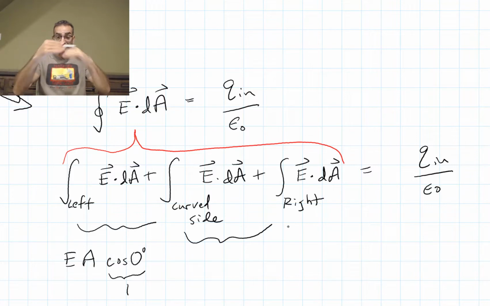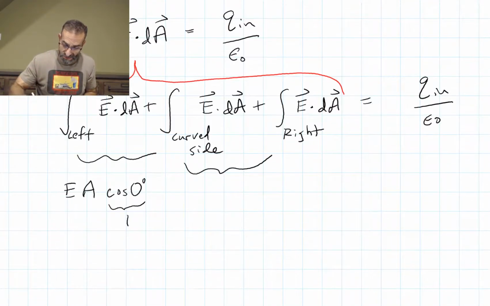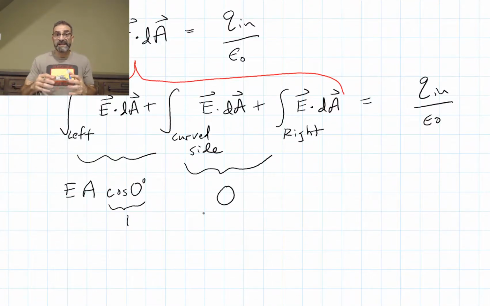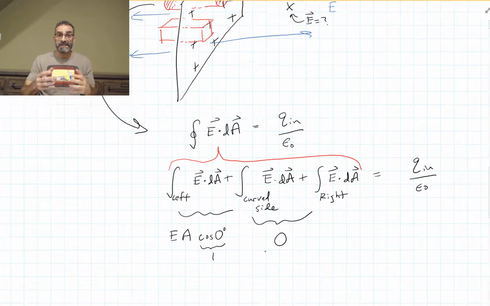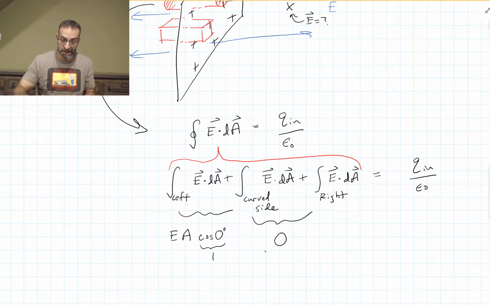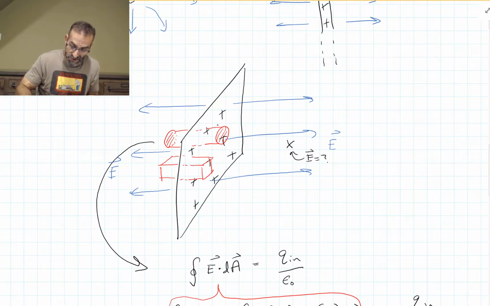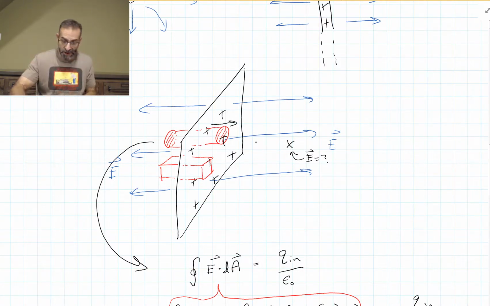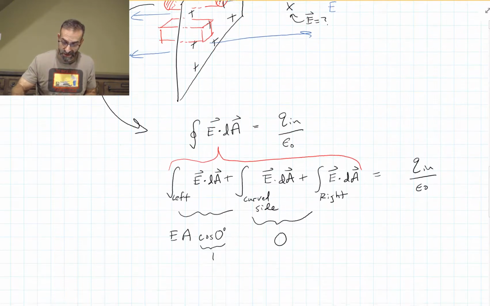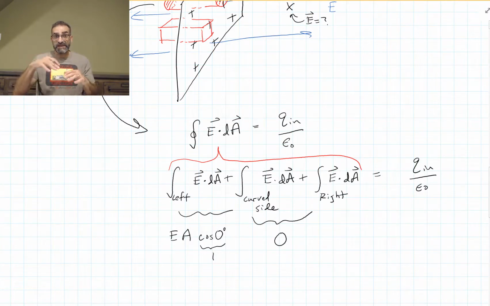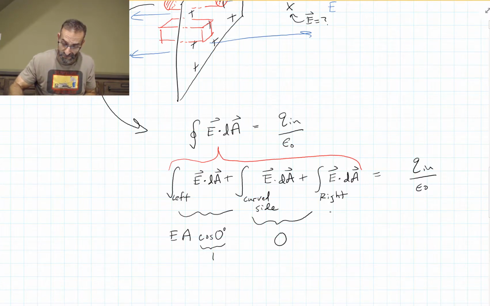It just skims along the top. So that gives us 0. There's no flux through the curved side because we have a cosine of 90 degrees. The electric field is pointing along the surface, but our area vector, of course, points perpendicular to the surface. So no electric field lines penetrate that. They all skim along the surface. None of them penetrate the surface. So the flux is 0.